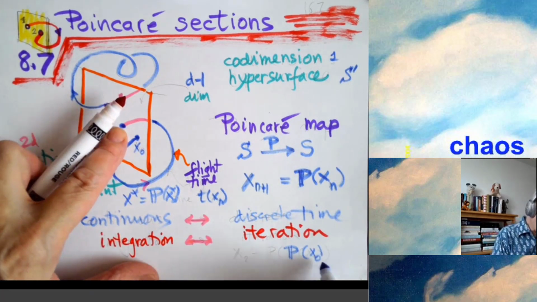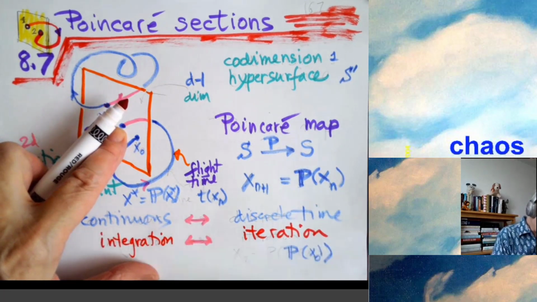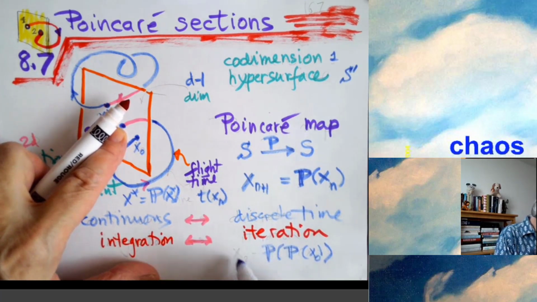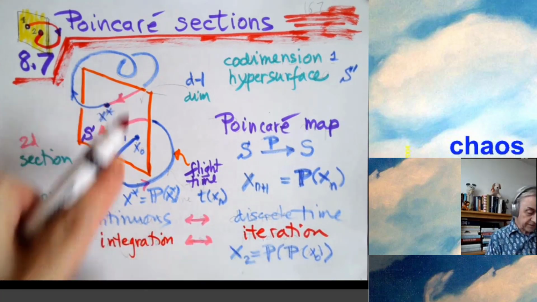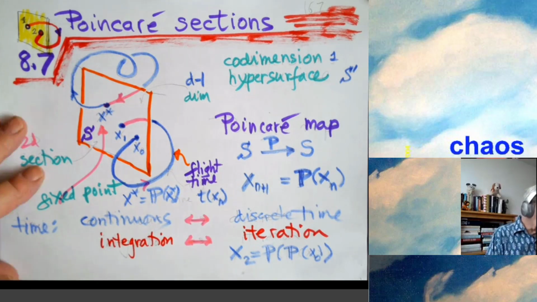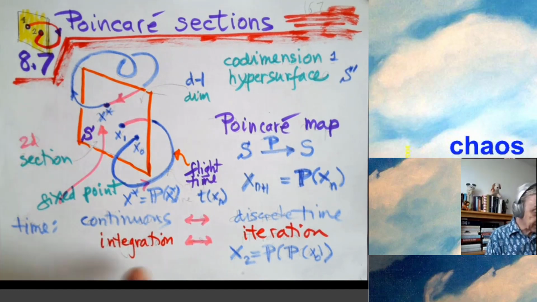Then you feed x1 into iteration, and you find out where you are 2 Poincaré sections later. So you compose functions by writing a little program on your pocket calculator, which computes something, maybe very complicated, you get a number, then you feed that number into the same program and keep doing it. So that's called iteration and integration.